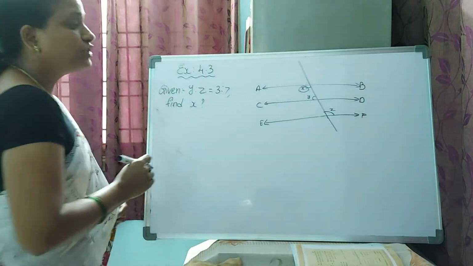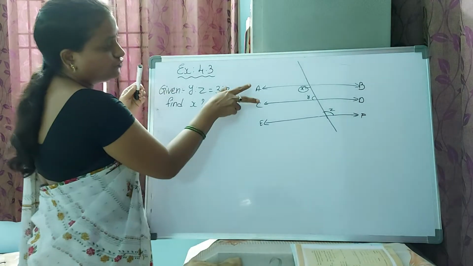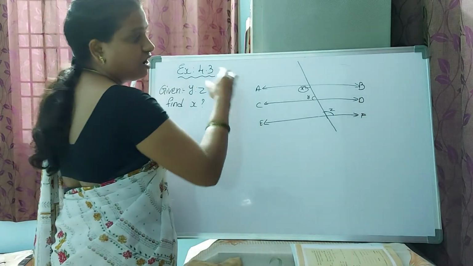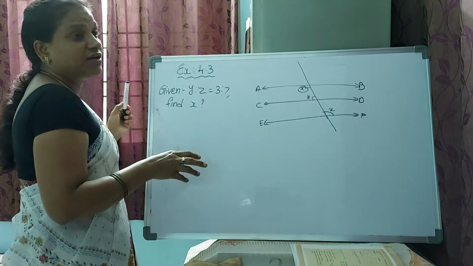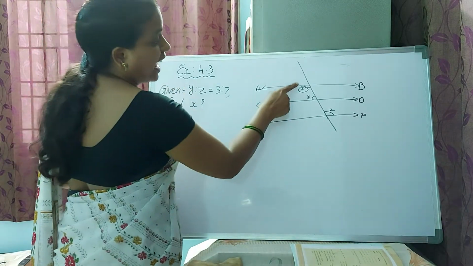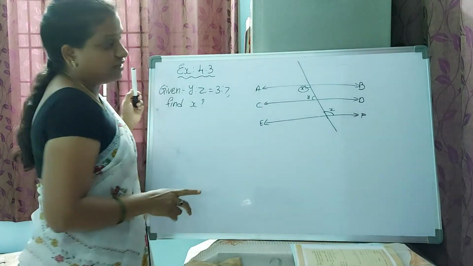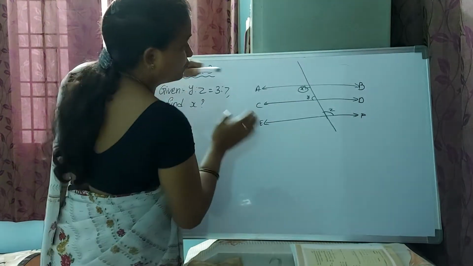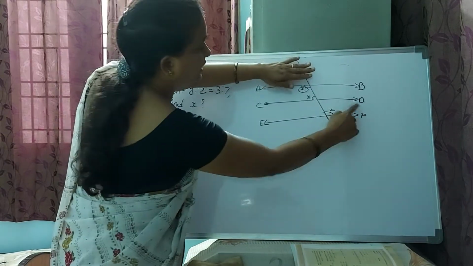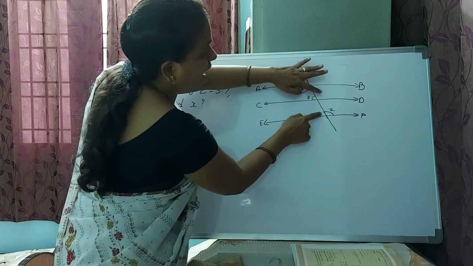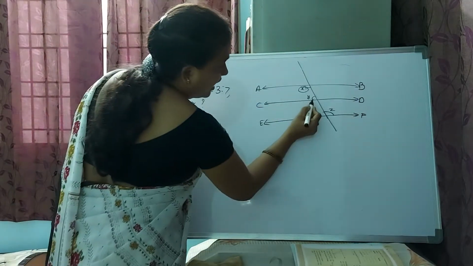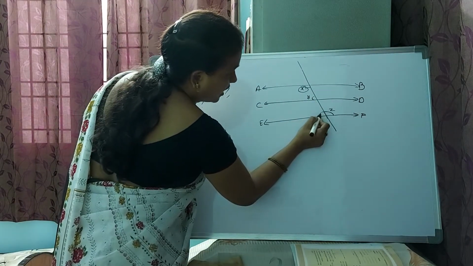Now see, y to z. If two lines are parallel, then all the rules I said previously apply: alternate interior angles are equal, corresponding angles are equal, and the sum of angles on the same side of the transversal is 180. If you forget the first line, and see that CD is parallel to EF, these two angles are corresponding angles.